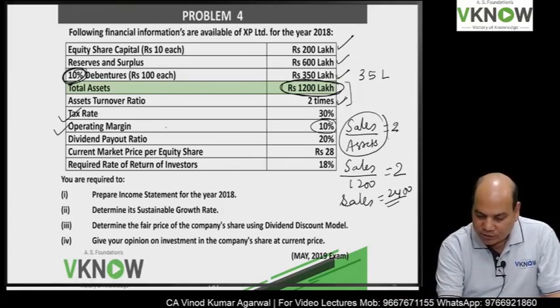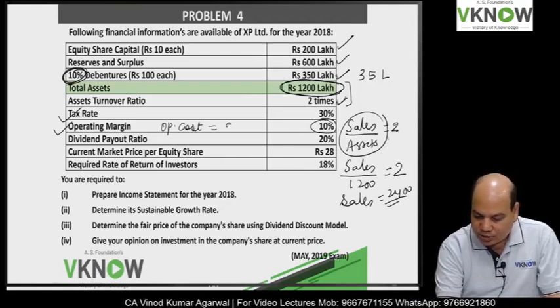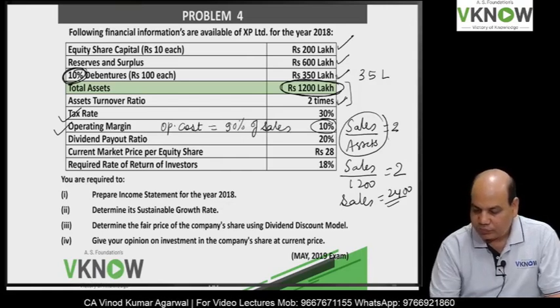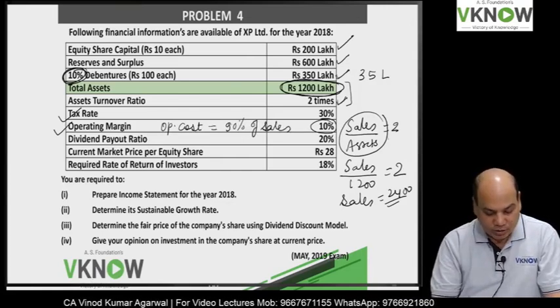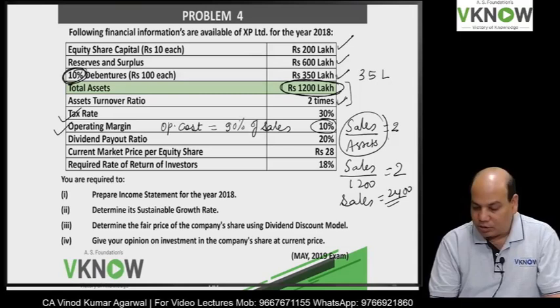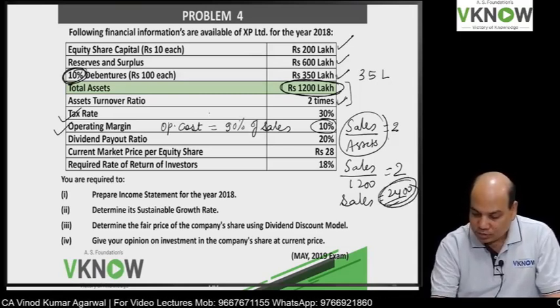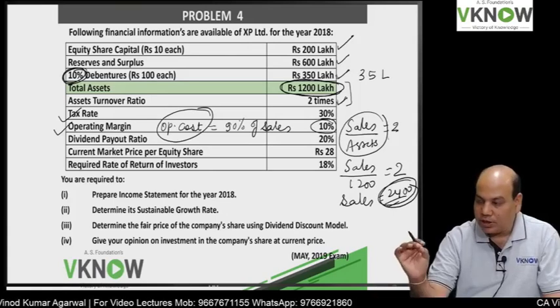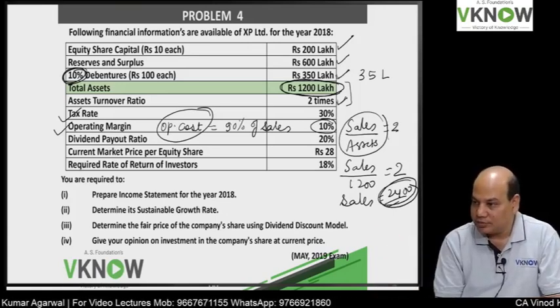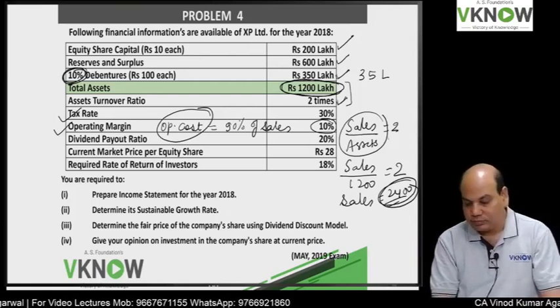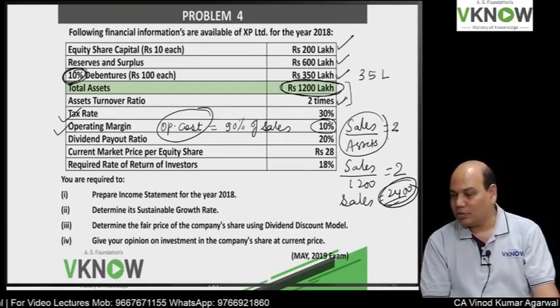If operating margin is 10%, then operating cost will be 90% of sale. Yes or no? Sale is 2400. Operating cost will be 90% of 2400. That will give you operating profit.